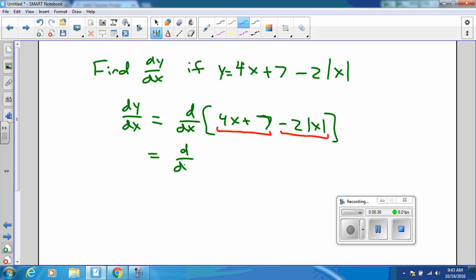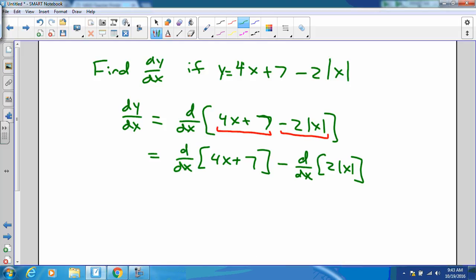So I'm going to first appeal to the difference rule for derivatives. This is when I'm moving carefully one rule at a time. In real life, I just walk down a term at a time and take derivatives because I'm comfortable with the difference and constant multiples.